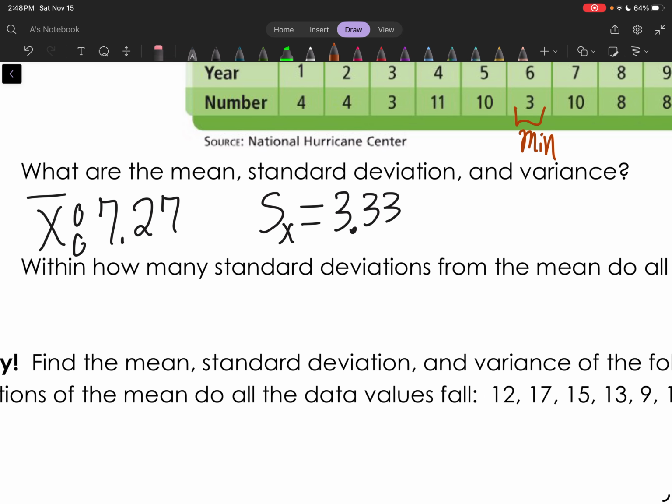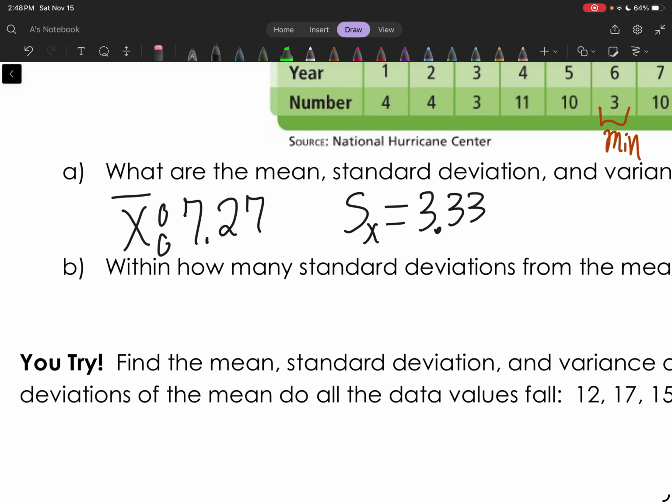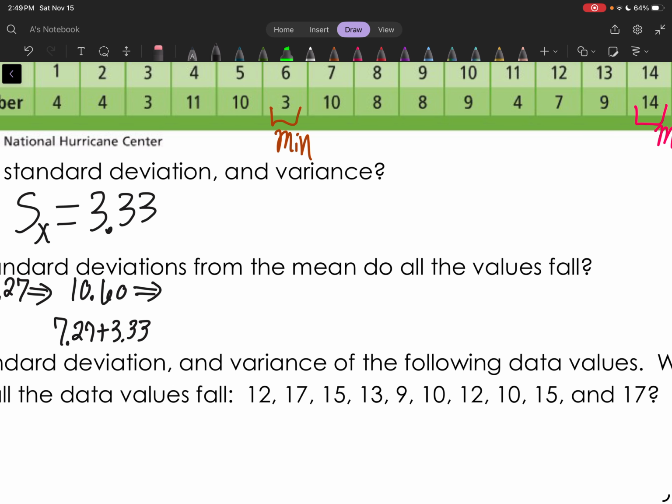Once we've identified that, I'm going to write down my mean, 7.27. Now if I go to the right, one standard deviation, this is 7.27 plus 3.33. All I'm doing is adding that standard deviation to go to the right. So this is 10.60. That has not yet reached my maximum.